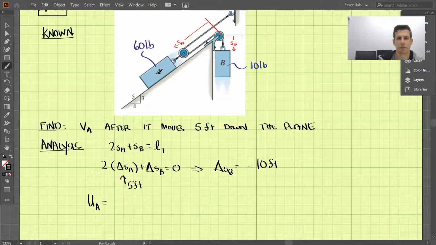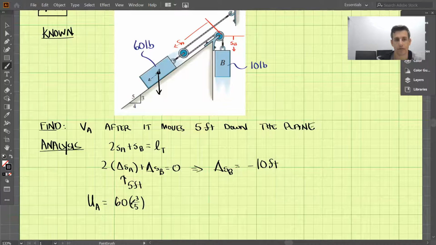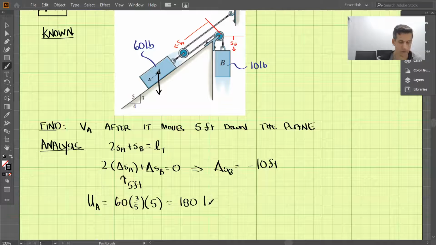The 60 pounds is downward here, and we're looking for the component of that along the plane. So we have this 60 pounds, but it's just a component of that, and that component is 3/5. Then we still need to multiply it times the distance, which is 5 there. And that comes out to be 180 pound-feet.